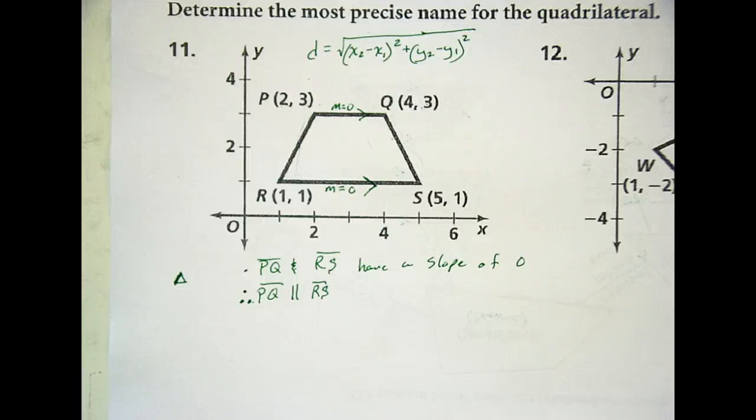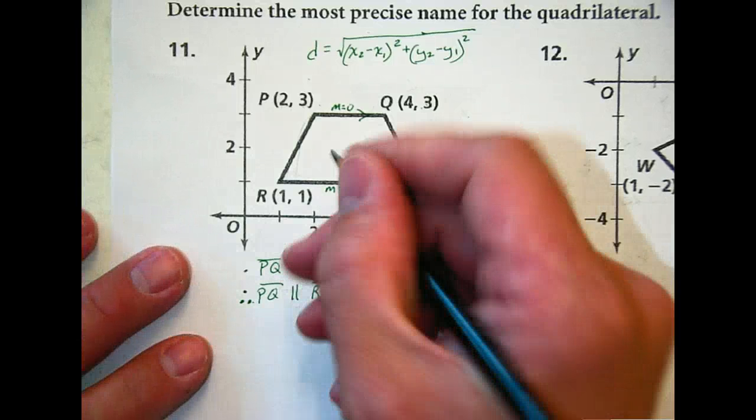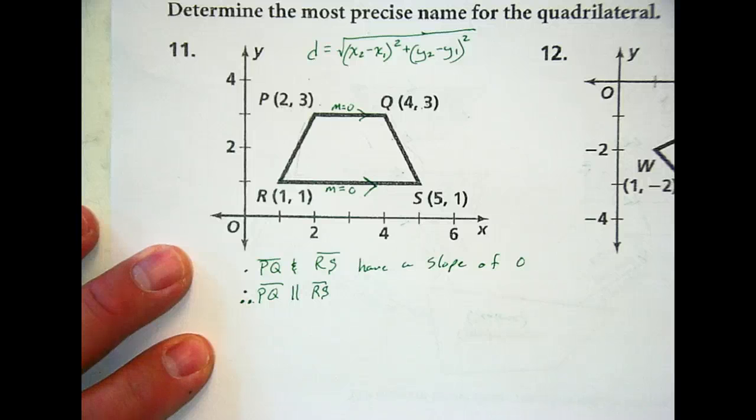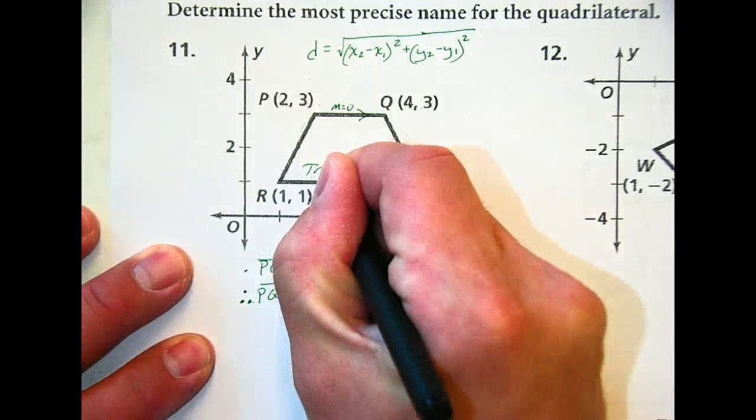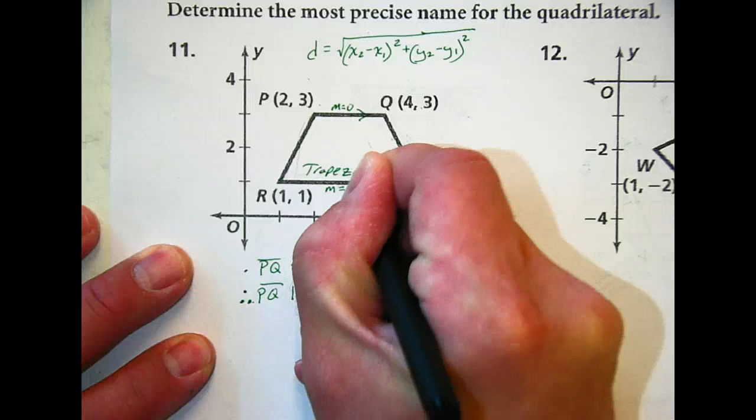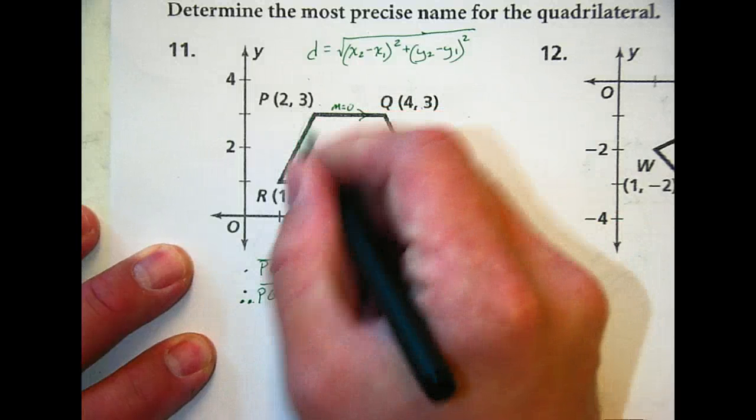I want everyone to find the distance right now of these lines, our legs. Back up here. What shape do we know for sure it is right now based on slope? Trapezoid. Right now, based on slope, we automatically know it's a trapezoid. So by finding the distance of PR and QS, what are we trying to figure out?